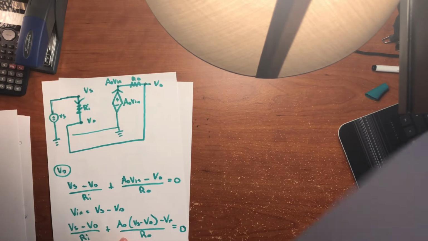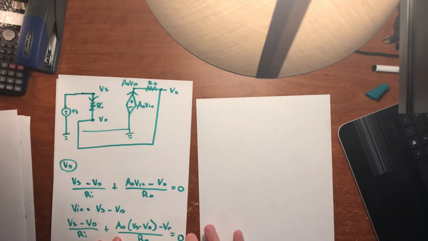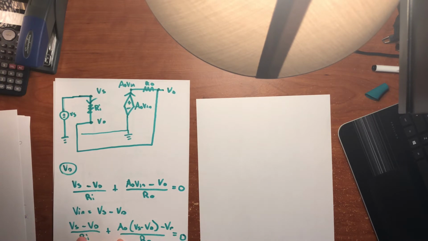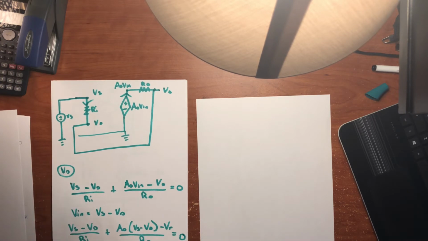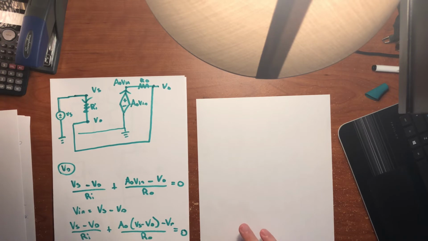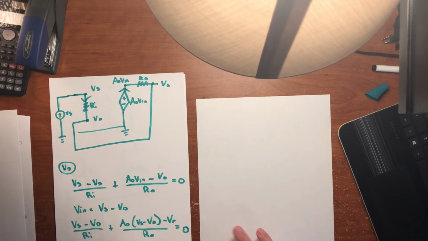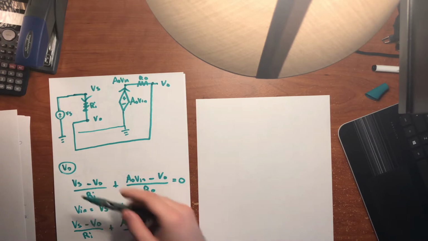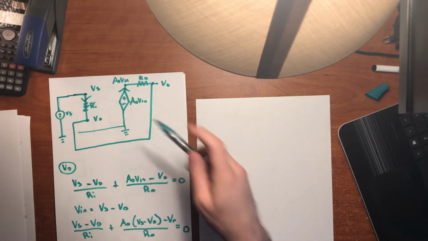Okay, so now we have an equation with Vs and V naught. We'll assume that Ri and R naught are given, same with A naught. So we want to simplify and try to find the overall gain of the circuit.